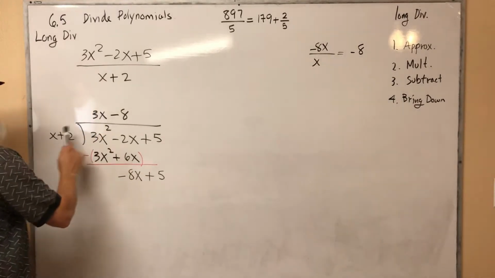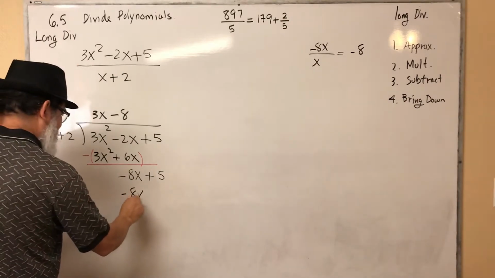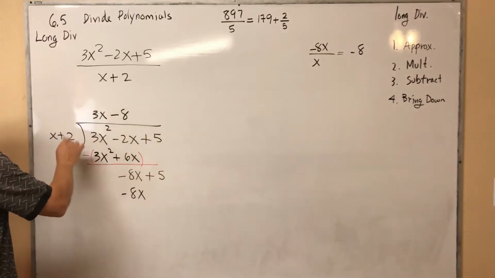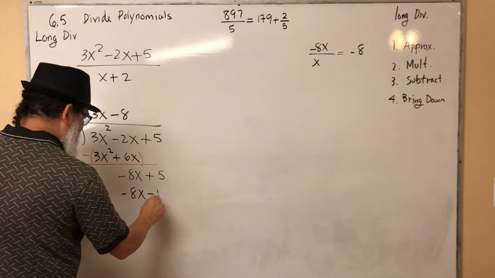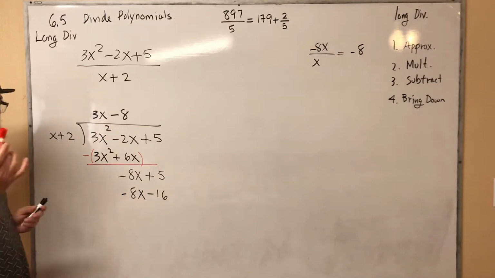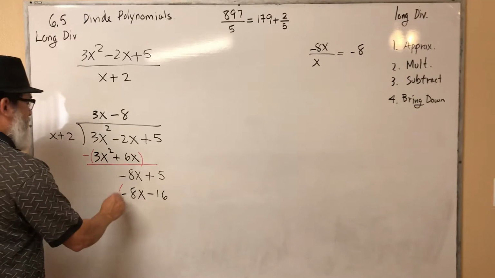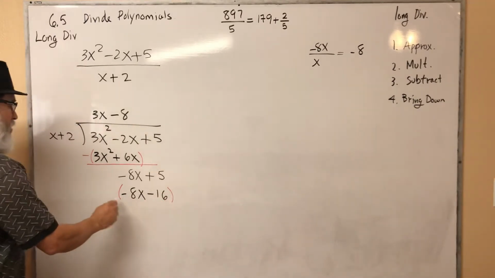What's negative 8 times x? Negative 8x. What's negative 8 times 2? Negative 16. That's your step number 2. Step number 3 is subtract. I'm subtracting this binomial, so you better put parentheses around the binomial and subtract.